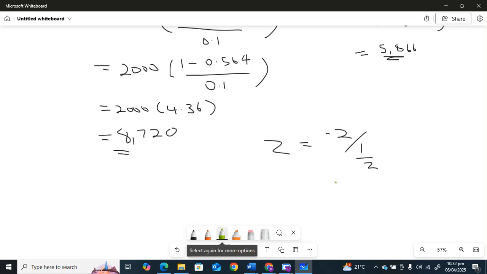So you just multiply this 2 at the bottom with this one. 2 times negative 2, you get negative 4 over 1. Negative 4 divided by 1, that is negative 4. Excuse me.